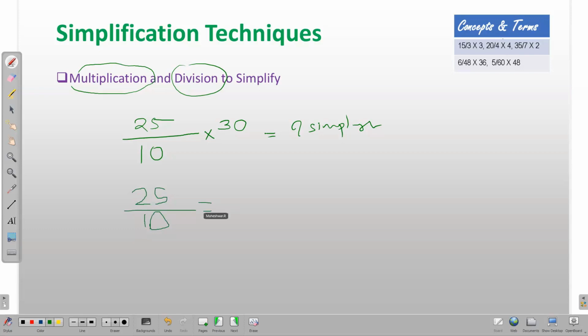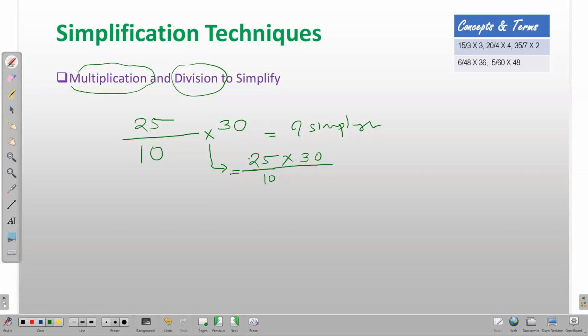I just do the thing you just now taught me. Wait. You can do it in one step. Let Acha show you something. This one, you can write it like this: 25 divided by 10, you can extend the line, into 30. That's the first step. Extend the line and make something upside and something on the bottom.